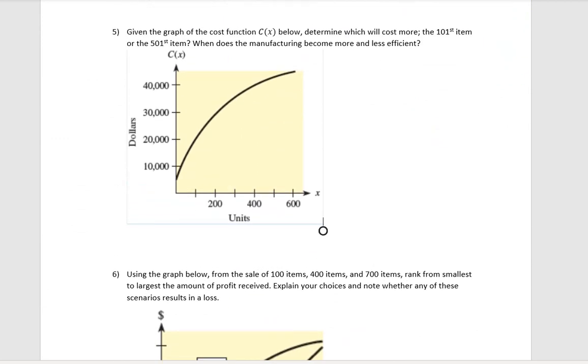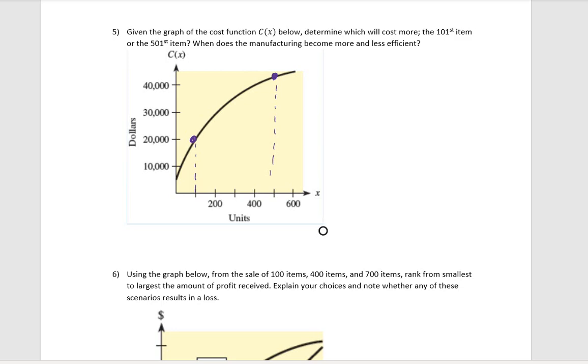All right. Next, we're going to be looking at this graph. So given the graph of the cost function, C of x below, determine which will cost more, the 101st item or the 501st item. When does manufacturing become more and less efficient? So if we look at this, we have 100 right here, and we have 500 right here.